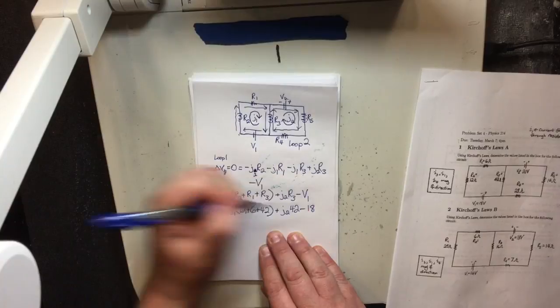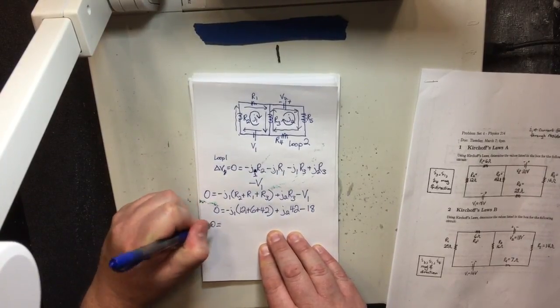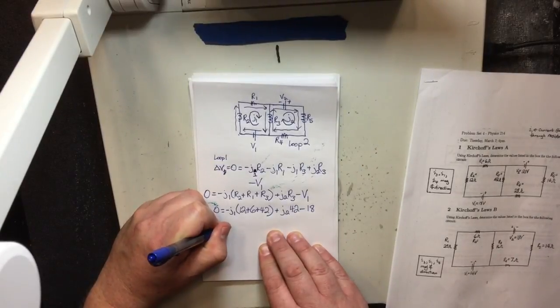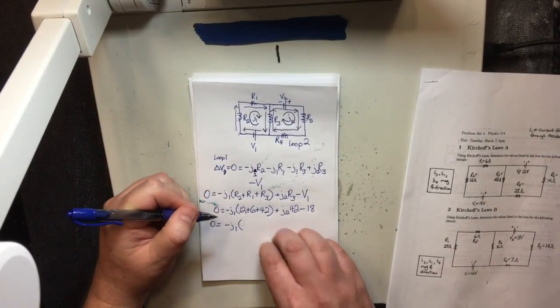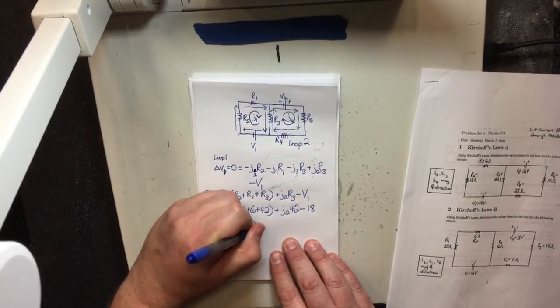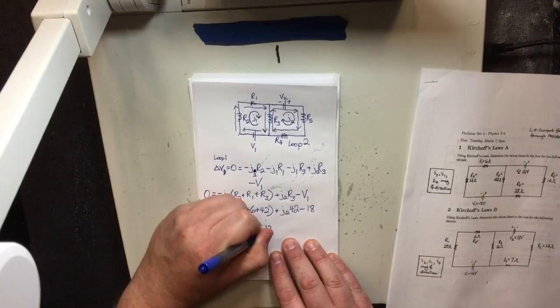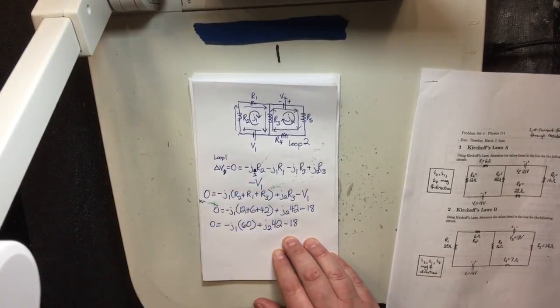V1 is 18. So that leaves you with 0 equals minus J1 times 18 plus 42, 60, plus J2 times 42 minus 18.